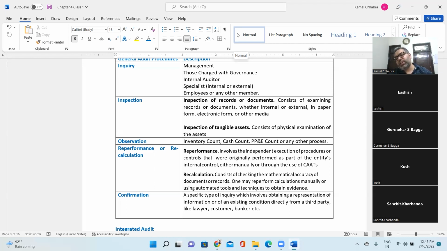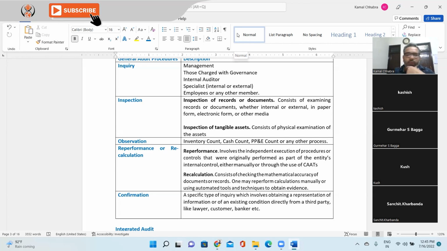Reperformance is majorly relating to the controls, right? So for some of the control testing, if you are planning to rely on the internal auditor, we might be doing like 20% to 30% reperformance of what the internal auditor has done. Sometimes we'll be doing reperformance of the work done by management, for example when you are doing IT general control testing or application control testing.